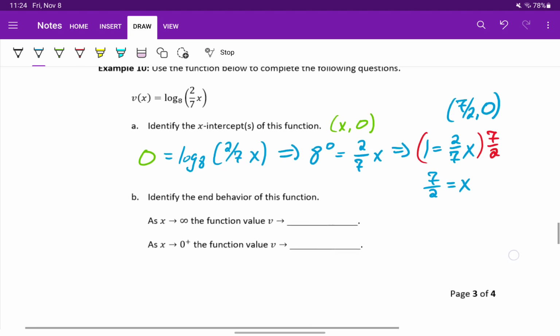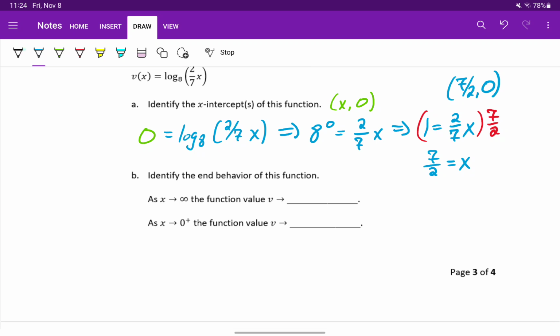And then we can talk about the behavior of this function. First as x approaches infinity, and then as x approaches 0 from the right. We already looked at the general behavior for a log function. It looks roughly like this.